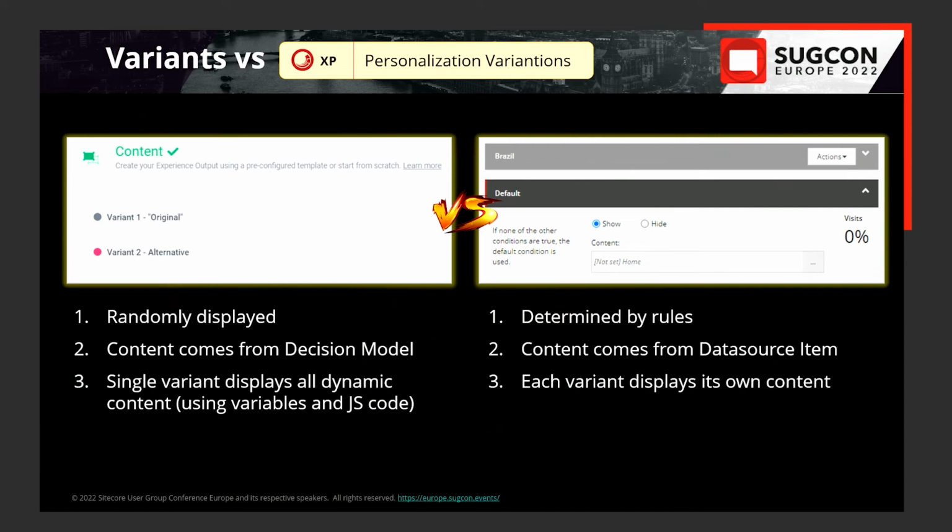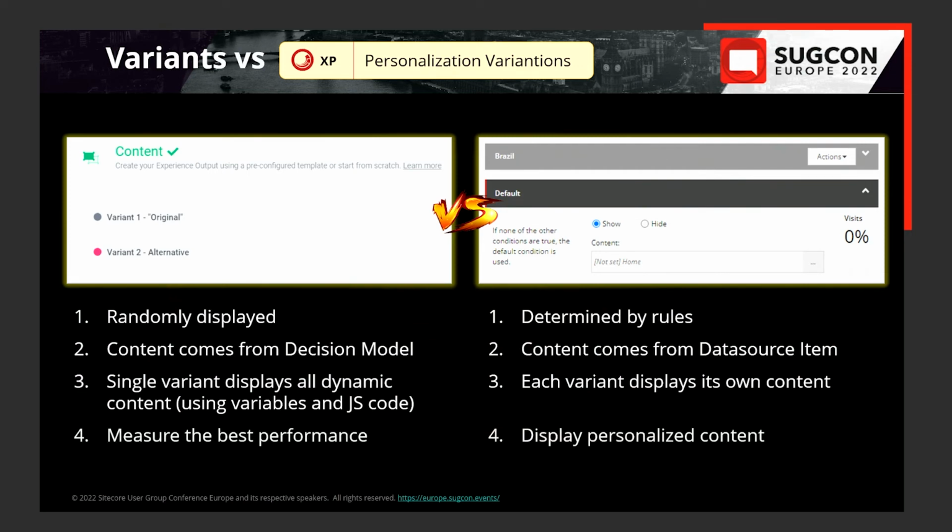So basically, you grab the data coming from your decision model, and you display the data in your variant. And as you know, in XP, each variant has its own content that's coming from the data source item, which is quite demanding in terms of having to switch the mindset to grasp that.